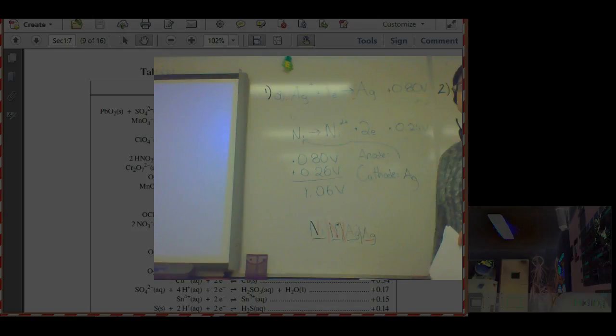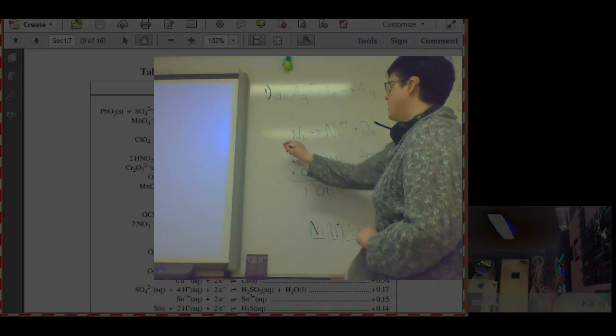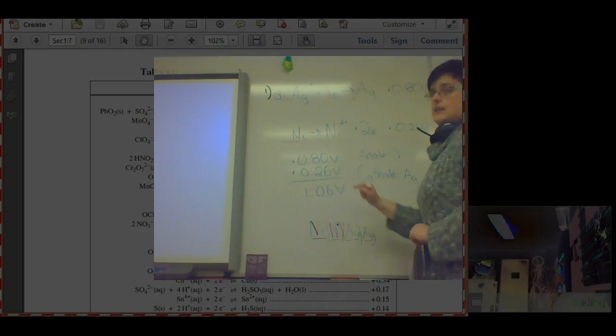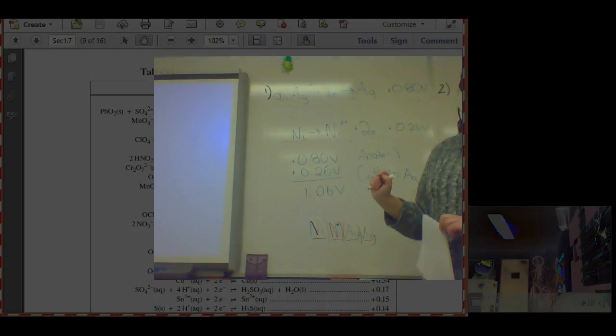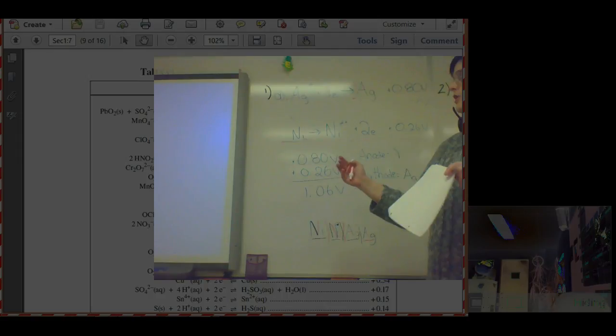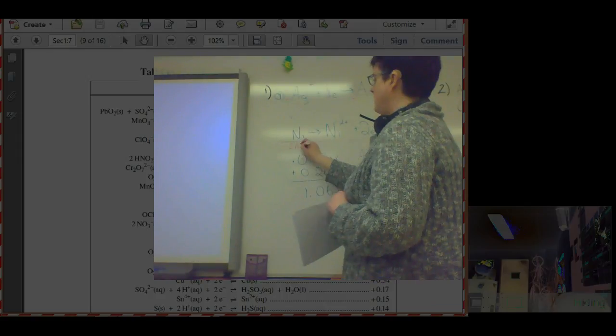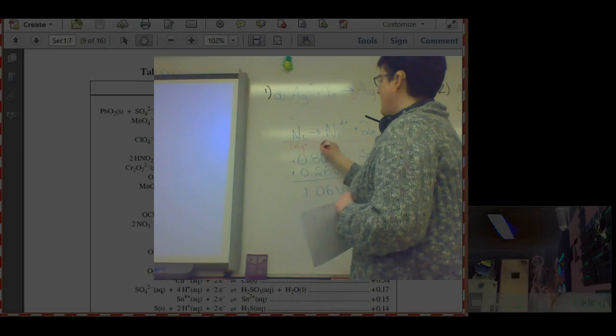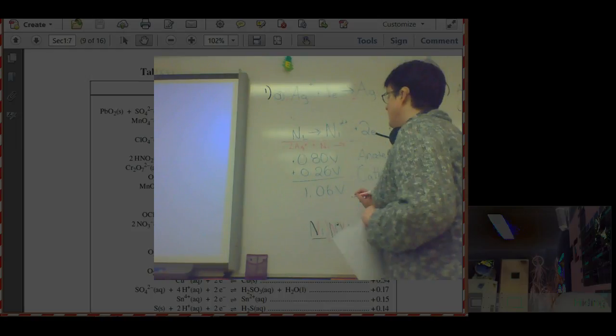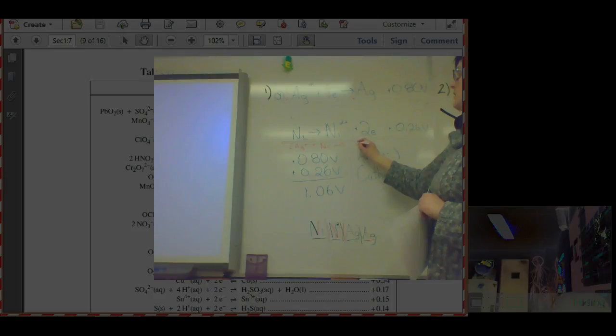If I were to ask you for the overall or the net ionic equation, that means that I want you to add these 2 reactions together and give me the overall equation. For example, 2Ag positive plus Ni is going to give you 2Ag plus Ni2 positive.